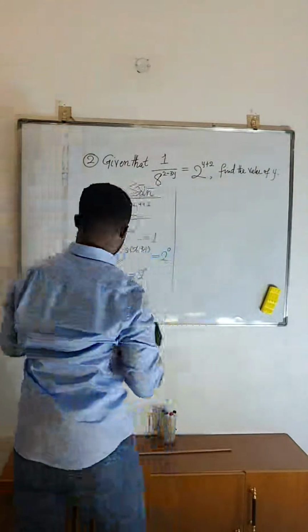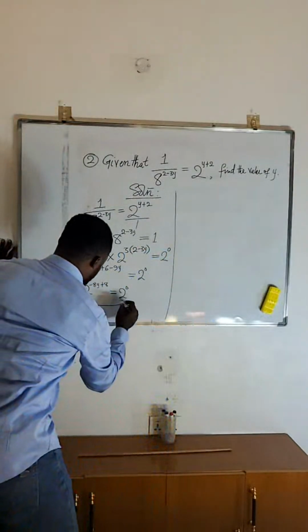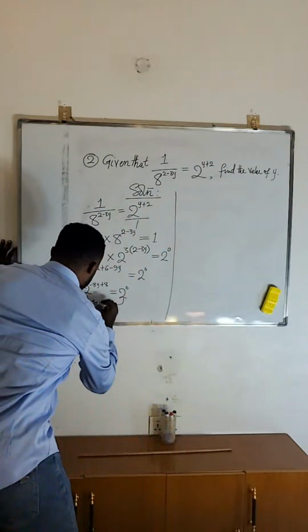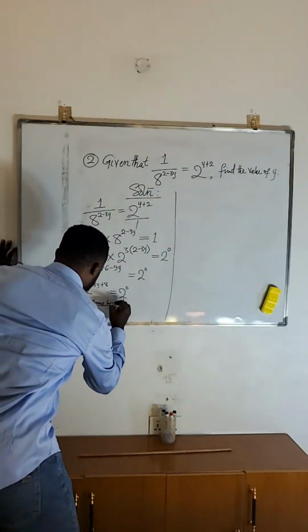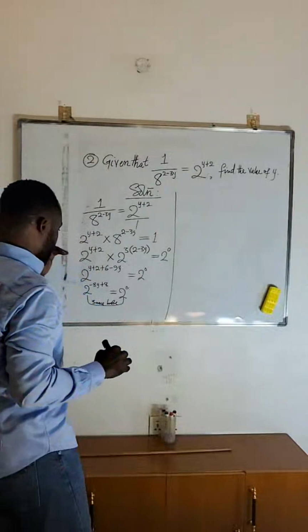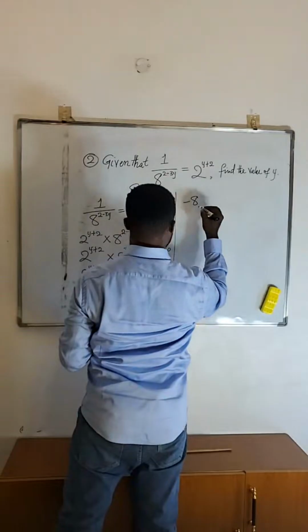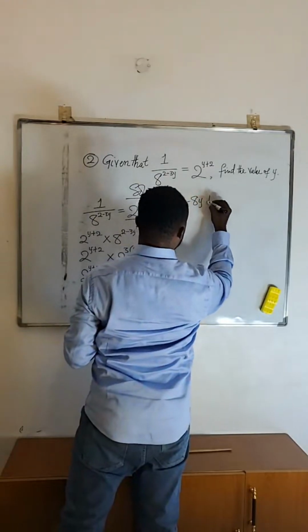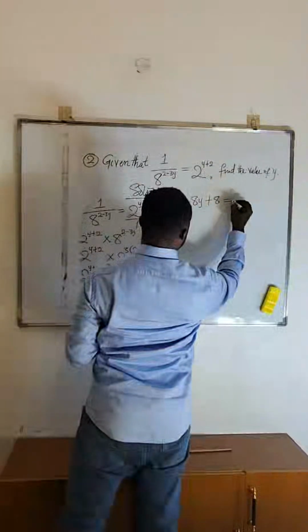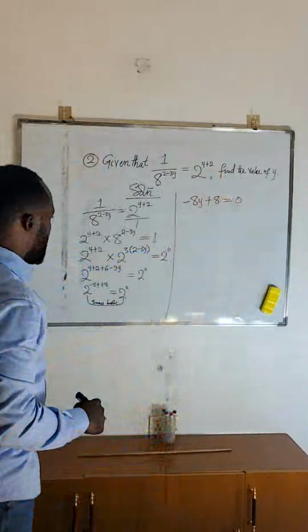Since these two are of the same base, we will equate their powers. So their powers is minus 8y plus 8 equals 0.